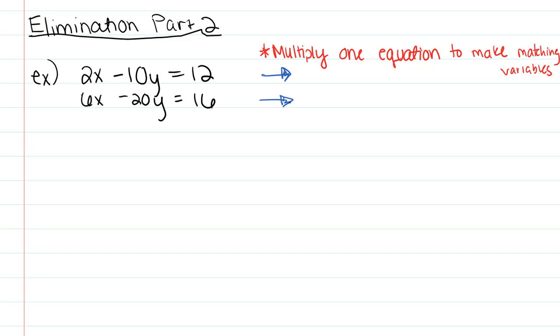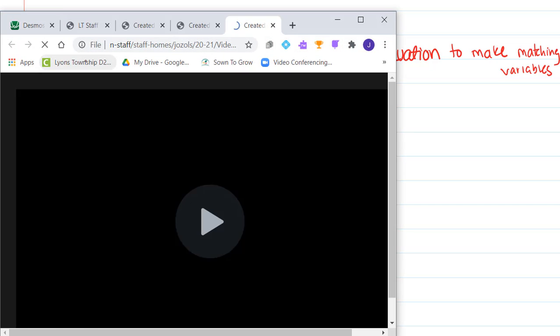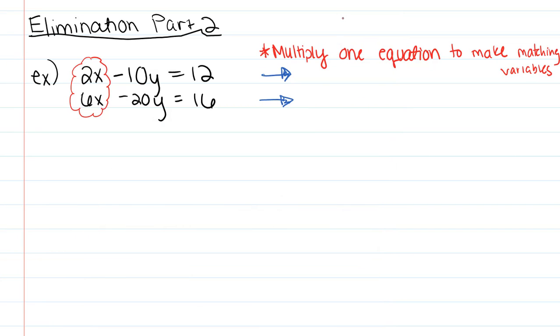For example, in this one, it doesn't always have to be with x, you can do either x or y, but I notice that I have 2x and 6x. And I know that 2 times 3 is 6. So if I multiply this entire equation by 3, then that will get me 6x in the same place that the bottom equation has 6x.